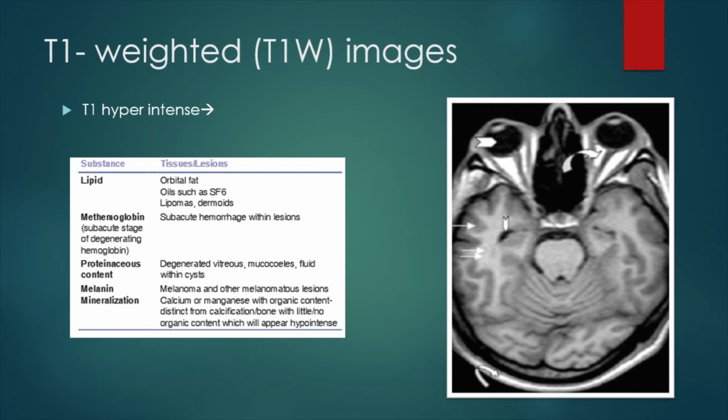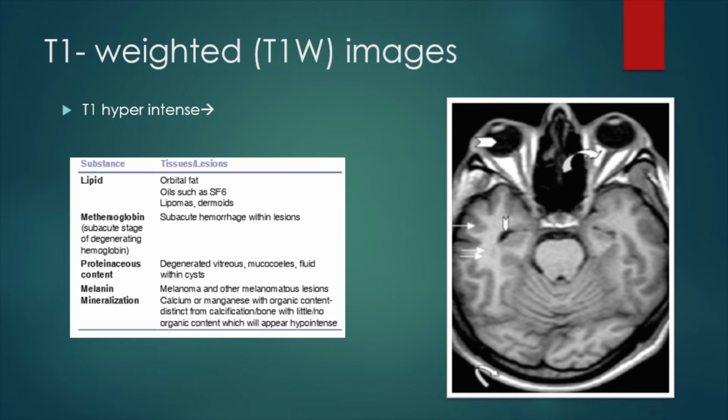Okay. So this is a T1 weighted image of the orbit and the brain, and like we could see the vitreous and the CSF are appearing dark in the image, and the gray matter is appearing darker when compared to the white matter, and we could see the CSF in the subarachnoid space and the ventricles appearing darker.